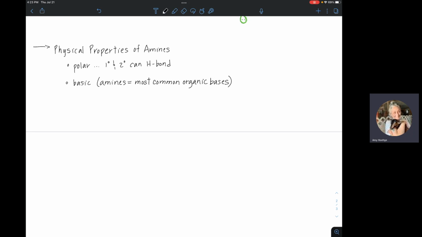And amines that have, say, 6 carbons or less, because they share similar intermolecular forces with water, small amines, meaning less hydrocarbon character, are water soluble.